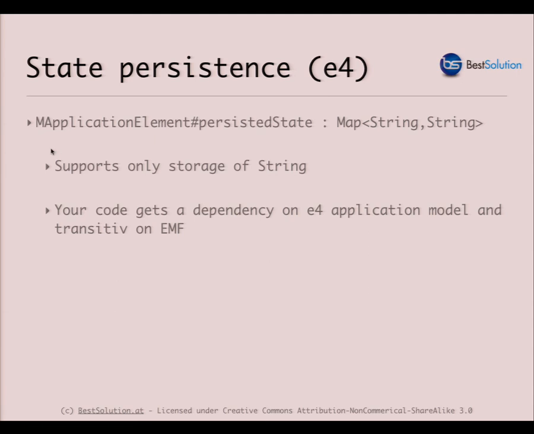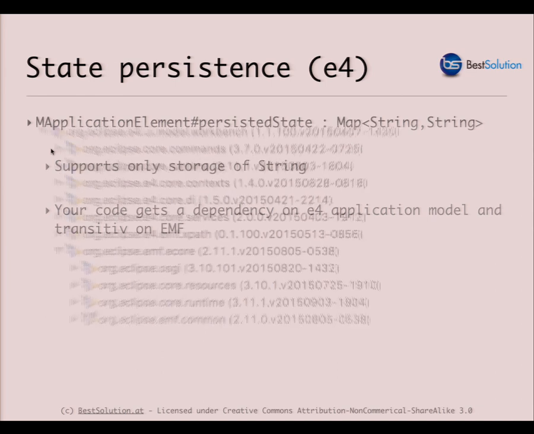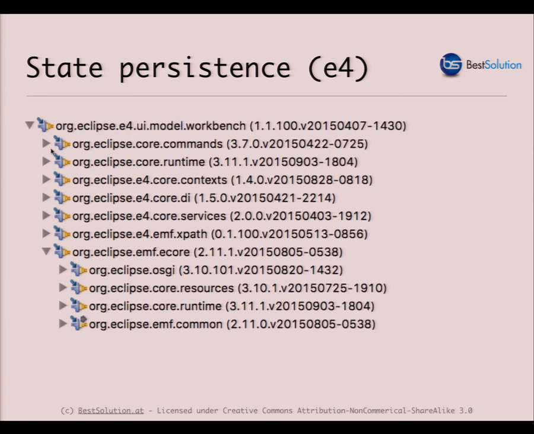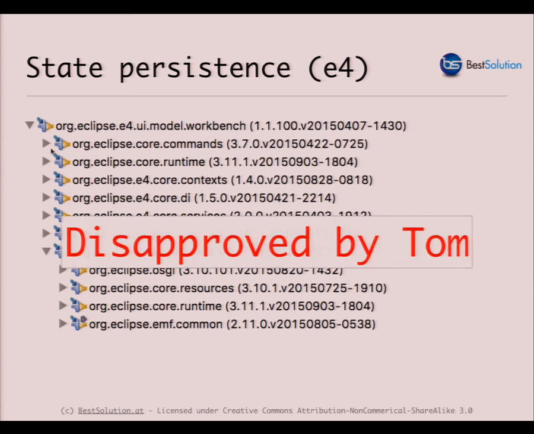And it gets you not really a dependency on EMF, but if you look at the require bundle graph with exports and re-exports, you see that referencing this references the central unit of the Eclipse 4 application framework. That's the application model. Once more, your code cannot be decoupled from the Eclipse 4 framework anymore at the very moment you use that as a storage structure. Disapproved.